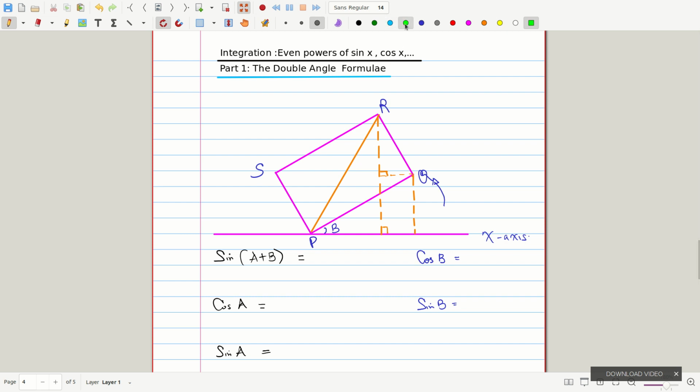So let us call the angle A the angle between the side PQ and the diagonal PR. So here we are saying that PR is the diagonal. This diagonal here is of unit length 1.